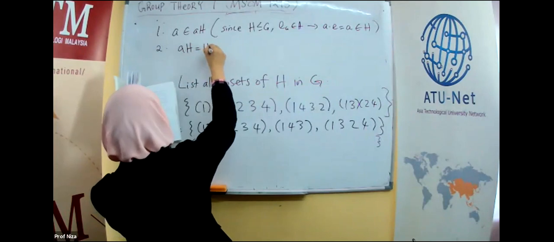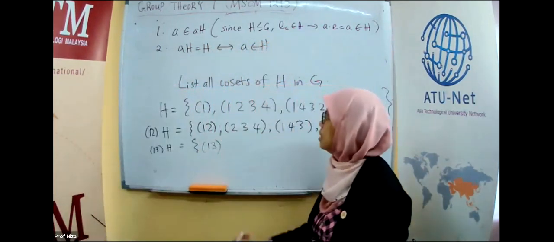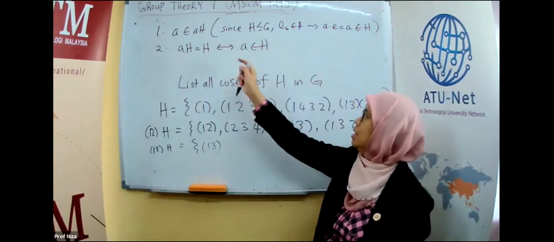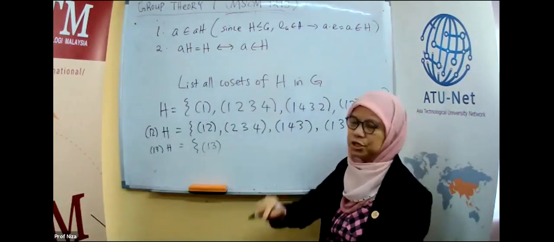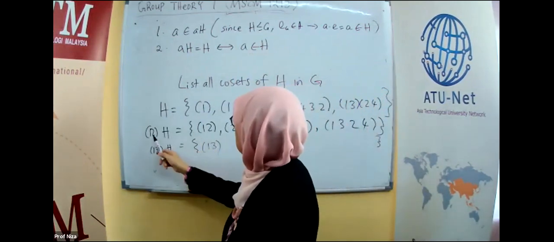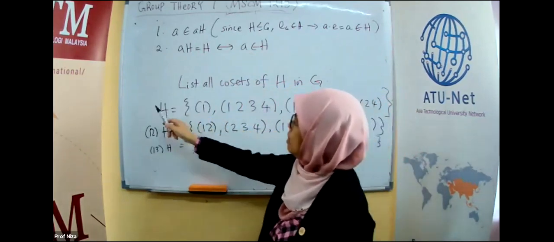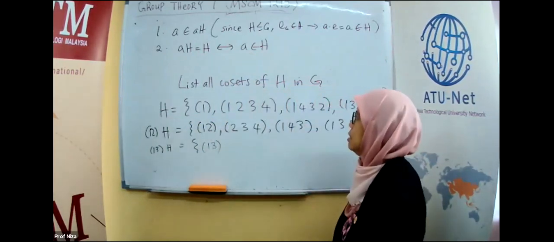if it's in H, AH is H, like this one. This one, 1, 2, 3, 4 is in here. You multiply by this, you get this back.